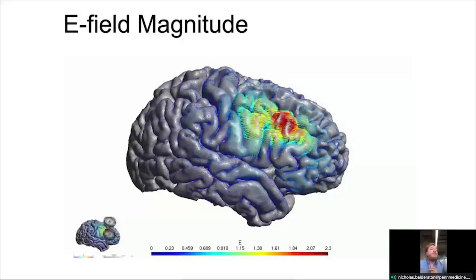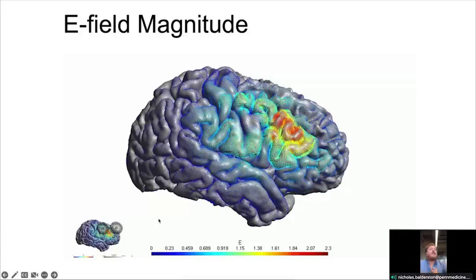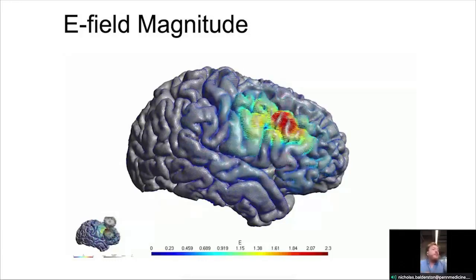So it's important to consider both of these. In the next few slides, I'm going to talk specifically about the strength of the E-field at the site of stimulation and whether this effect is strong enough for us to detect it in a given sample, and by association, whether this is something that we should control for in our studies.